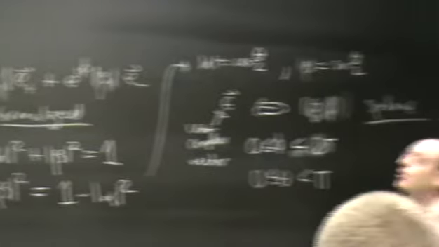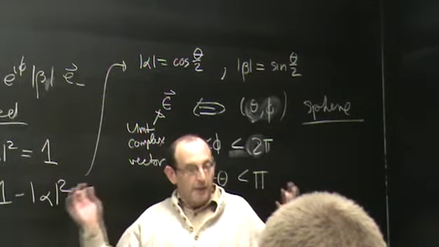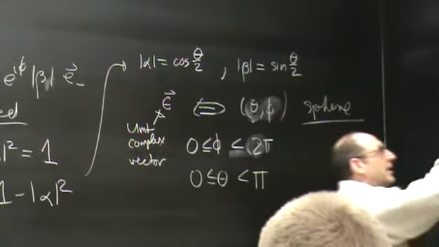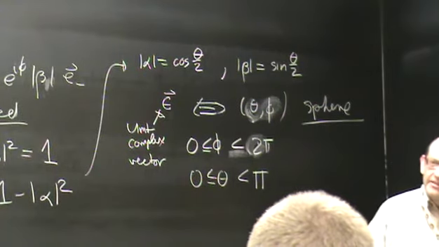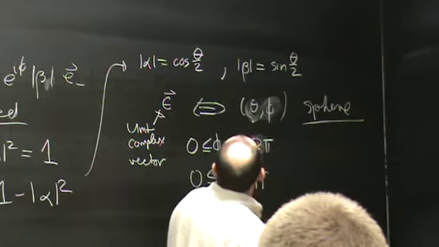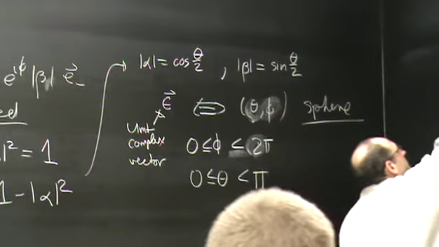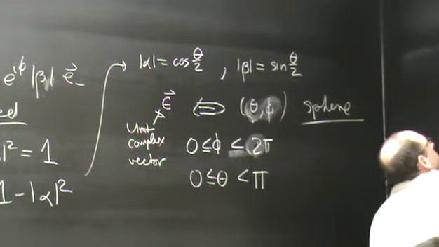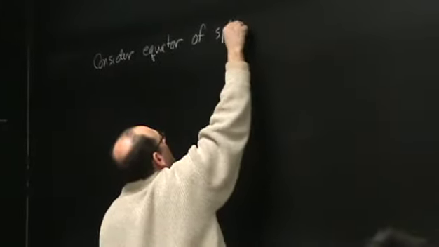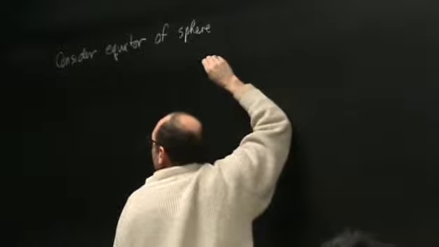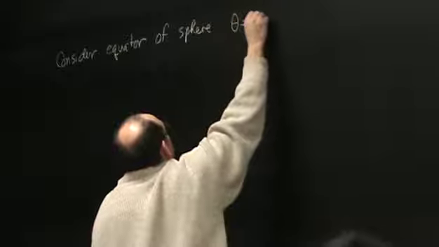So let's think now about how all the different polarization states of a plane wave can be specified by a point on a sphere. Let's think about that for a second. So, first of all, let's consider the equator. That's the place where theta is equal to pi over 2.